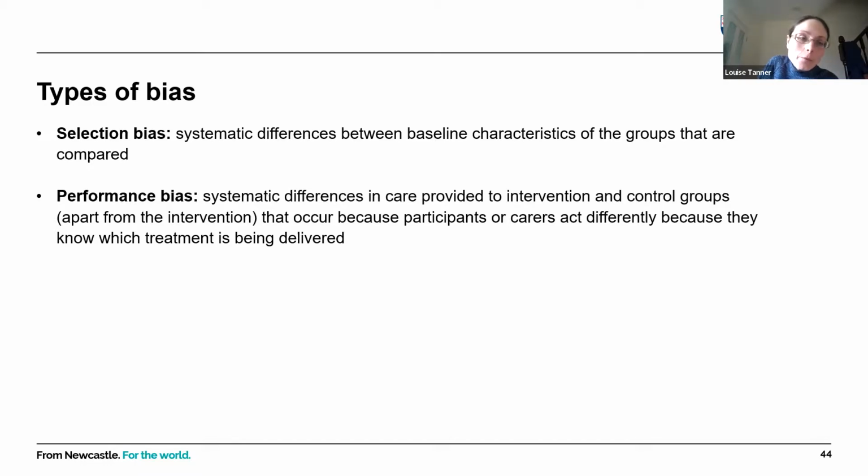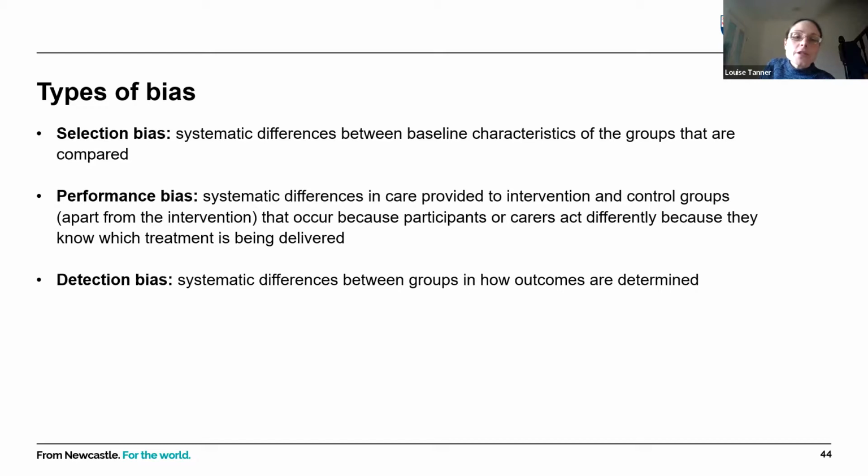Detection bias refers to systematic differences between groups in how outcomes are determined. To give you an example, say there was a study assessing the effects of fluoridated versus non-fluoridated water supply on tooth decay in children, and the dentist who was assessing the level of tooth decay guessed which area the children he was examining were from, whether they had a fluoridated water supply or not.